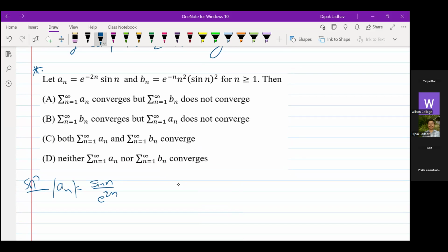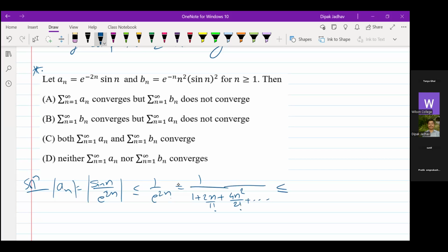So the absolute value of an is less than or equal to 1 upon e raised to 2n. Can I say like this? And then again I can apply the power series expansion for e raised to x, and I'll have this equal to 1 plus 2n upon 1 factorial plus 4n square upon 2 factorial and so on.